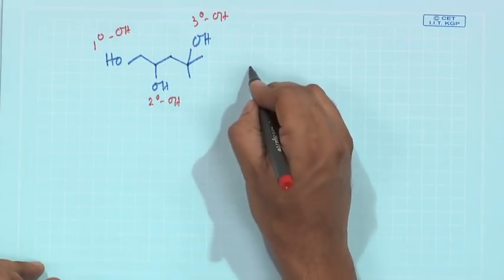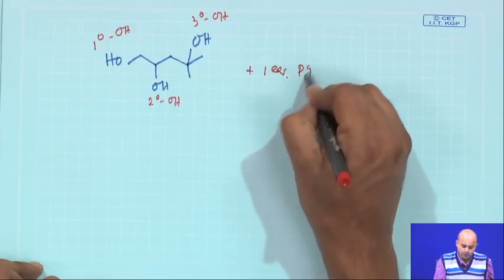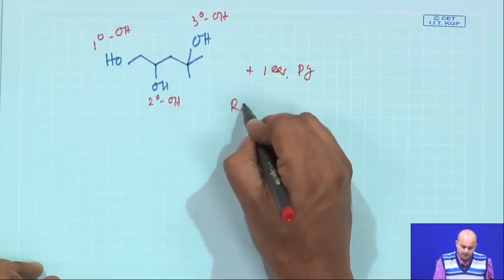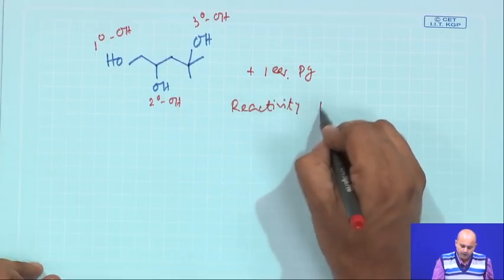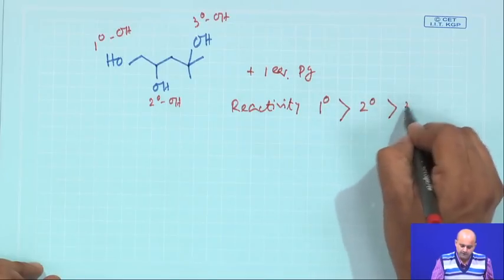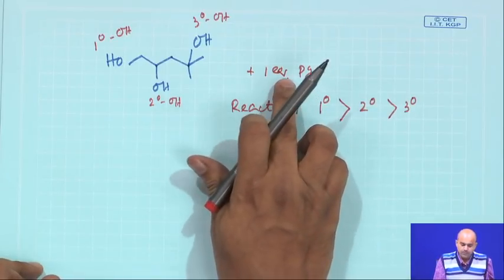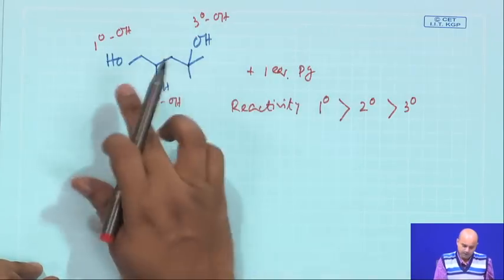So, in principle if you use one equivalent of protecting group, the reactivity pattern is 1 degree will react first, then 2 degree, then 3 degree. So, if you use one equivalent of protecting group, first the primary will react fast.